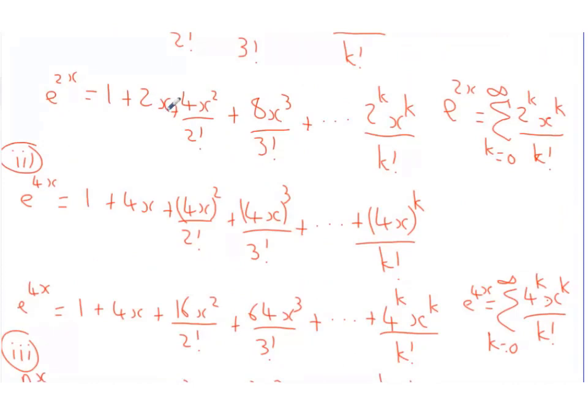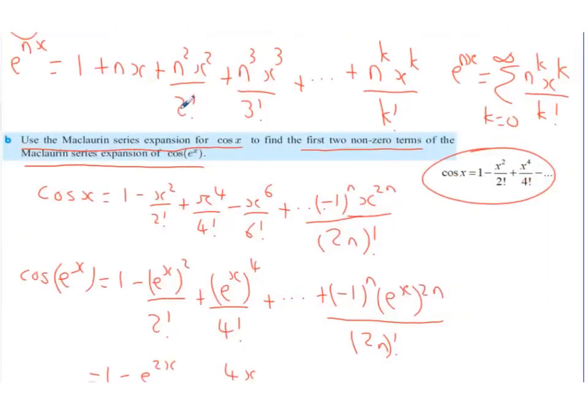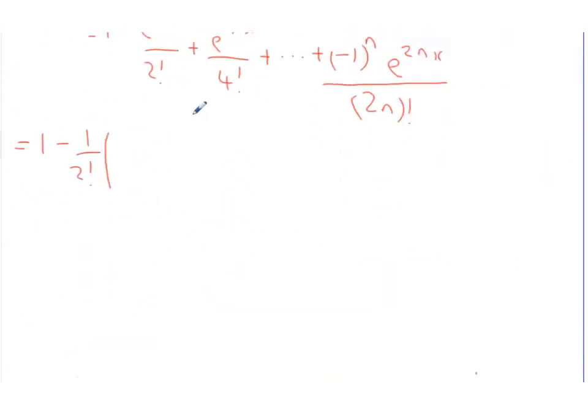It was 1 plus 2x plus 4x squared over 2 factorial and so on. So 1 plus 2x plus 4x squared over 2 factorial plus dot dot dot. I'm not going to go any further than that because now I'm getting an idea, because I'm only interested in the first two non-zero terms, which, assuming that they're both non-zero, are just going to be the constant, as in the term without the x's, and the x's.